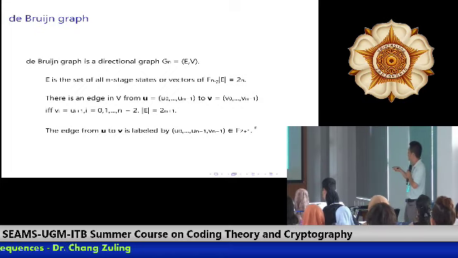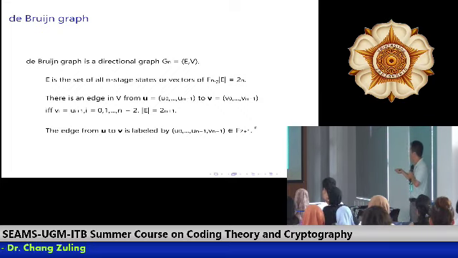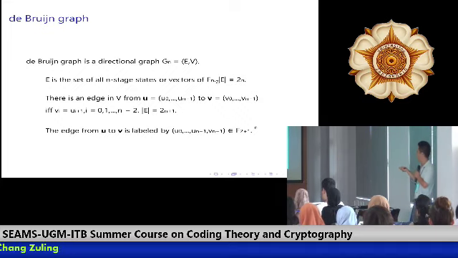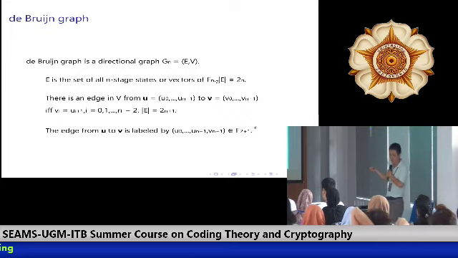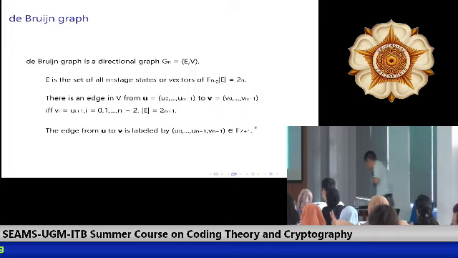V is the set of all n-bit state vectors, and E is the set of edges from U to V if and only if v_i equals u_{i+1}.